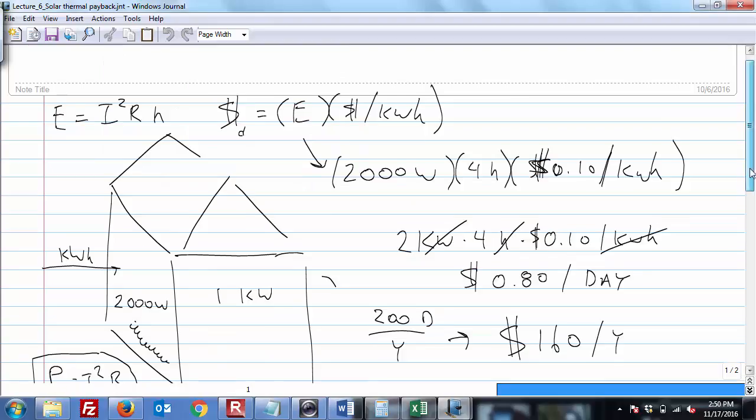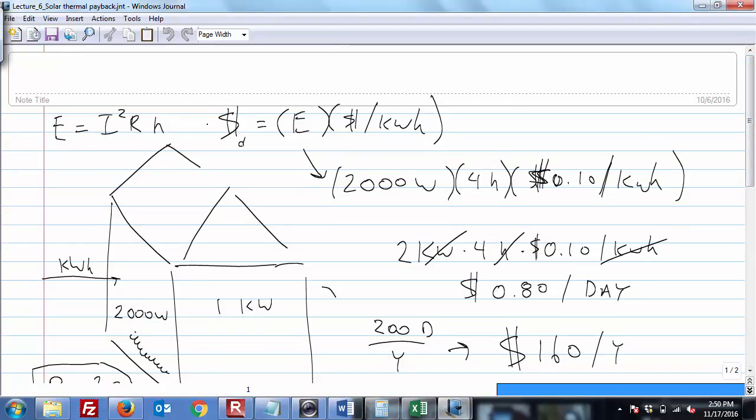Okay, so we're doing the solar thermal payback.